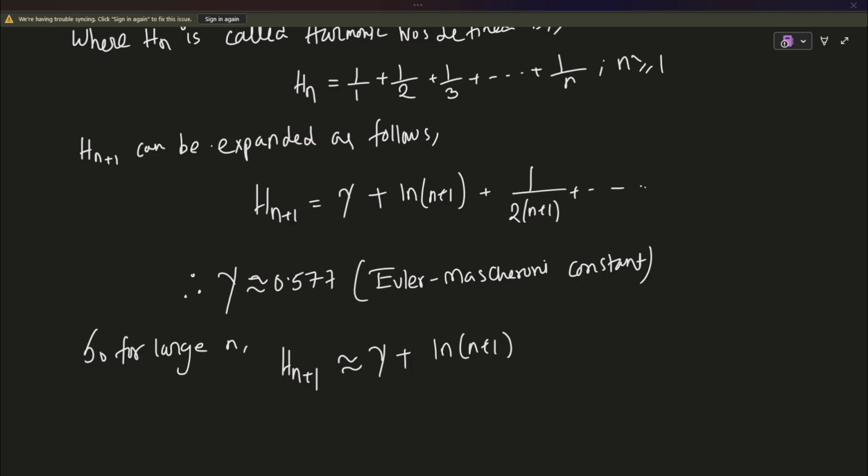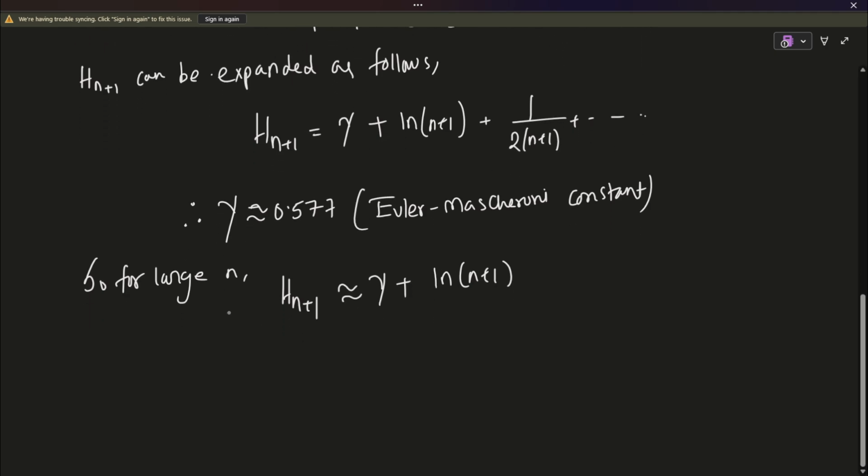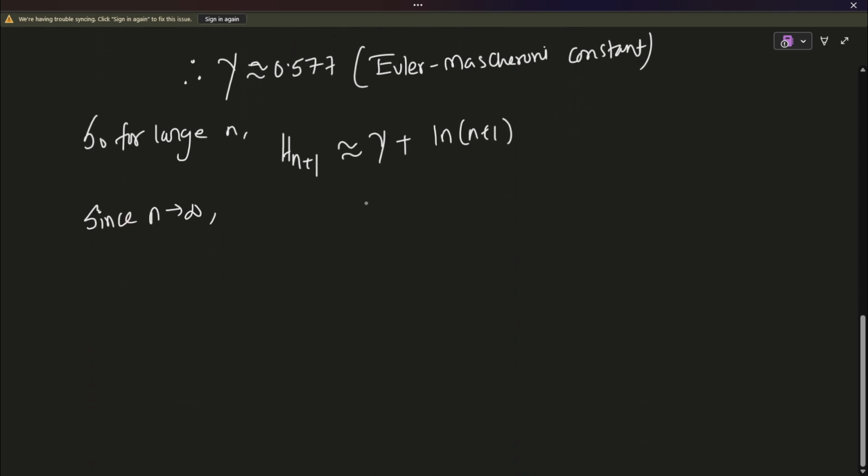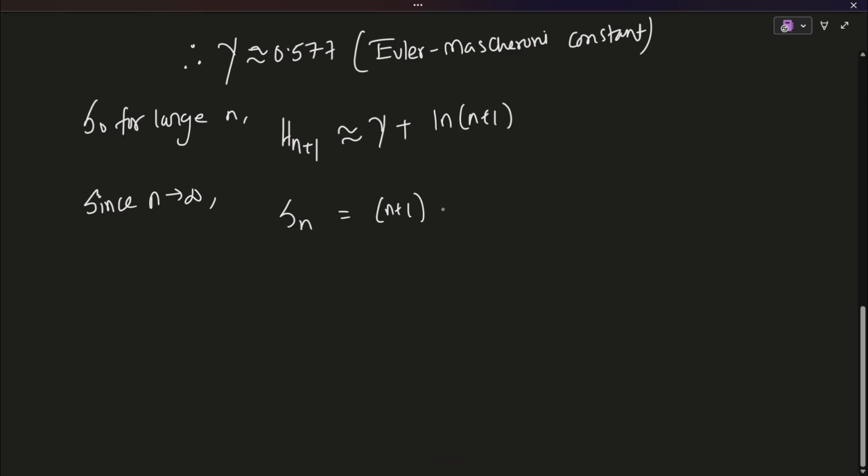And this would make sense because n tends to infinity is already given, so our initial sum that we began with, which was Sn, can be simply written, if you just put in the value, as n plus 1 minus Hn plus 1, which is n plus 1 minus gamma plus ln of n plus 1. You can simply write this as n minus ln of n plus 1, and then plus 1 minus gamma.